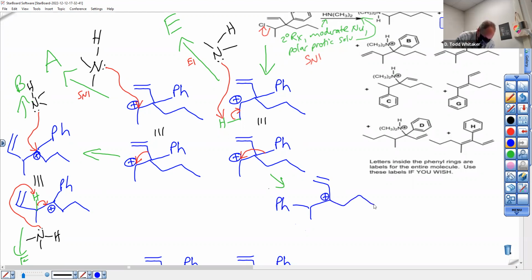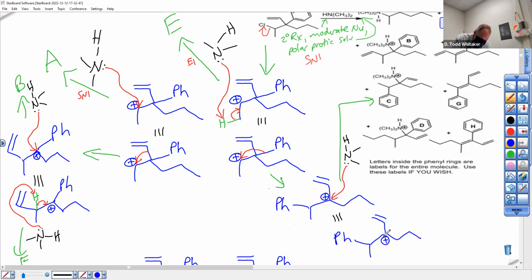And that's going to go to C. I can point to C here. Going to use the same nitrogen. And you got C. I need this copied. Phenyl, C, vinyl, propyl, plus.